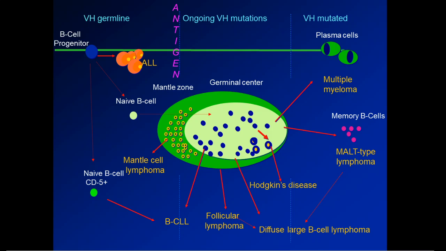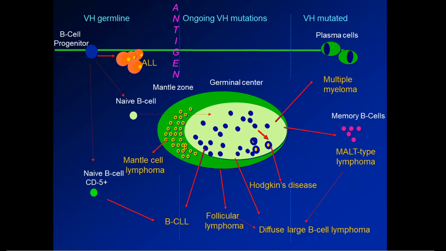One more interesting feature of hemoblastosis: they can change their appearance. This feature is really interesting. Why? Because only hemoblastosis can do this. This ability is only in lymphomas, lymphoma or leukemia. I mean hemoblastosis.